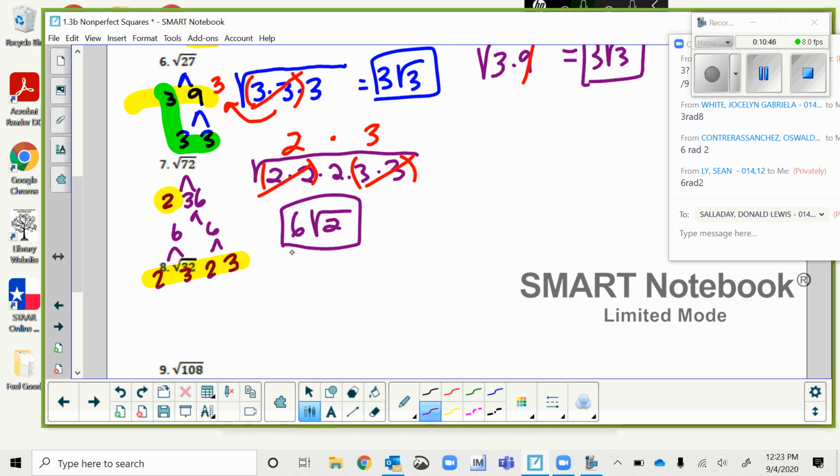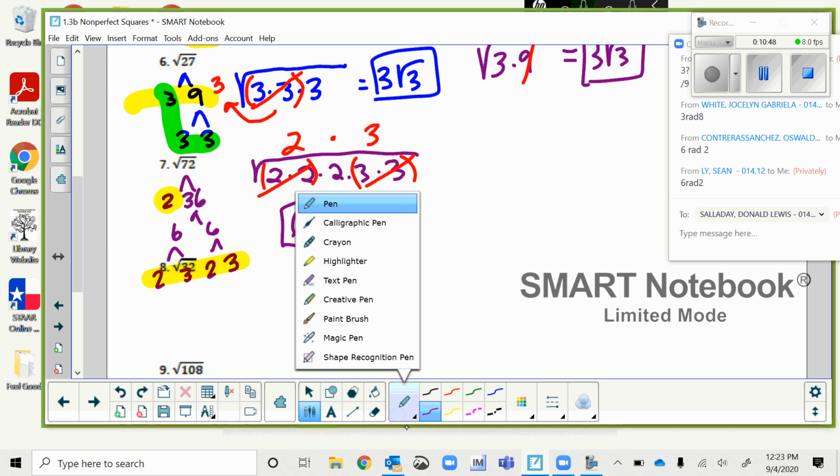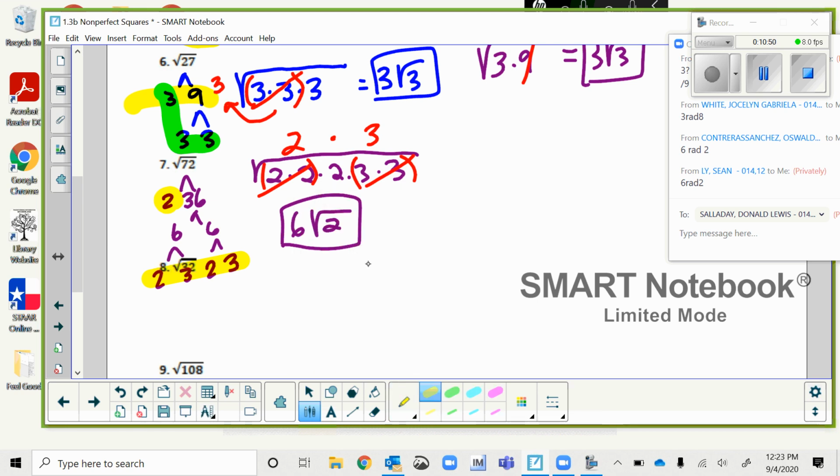And then for the second method, this is like a ninja method, if you want to be a ninja about it. I would have stopped right here. And I would have noticed that 36 is a perfect square. So if I want to do that method, it would look like this. The square root of 2 times 36.